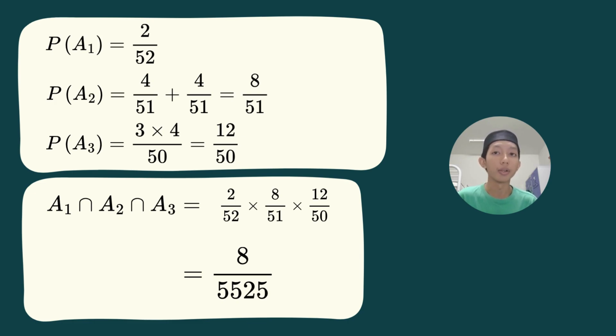Step 1, we need to calculate the probability of A1. There are 2 red aces in the standard deck of 52 cards. So the probability of drawing a red ace first is 2 over 52. Next, event A2.